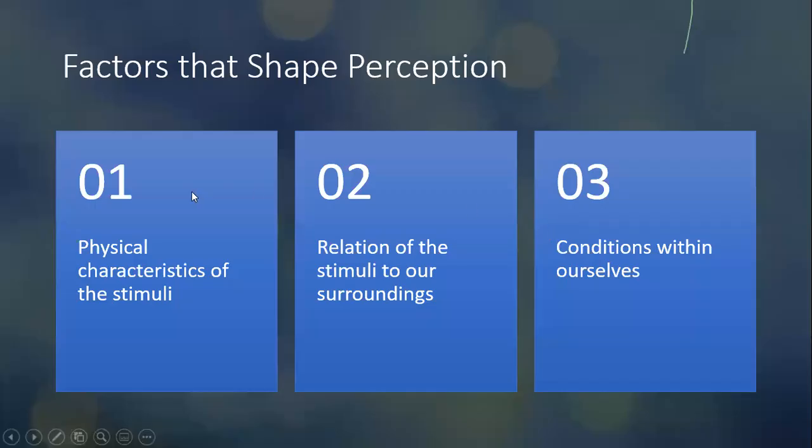So there are many factors that will shape your perception. The first one is the physical characteristics. In the example I gave, where somebody of average height is seen as tall by a shorter person and as short by a taller person, it was his physical characteristics that both individuals experienced.